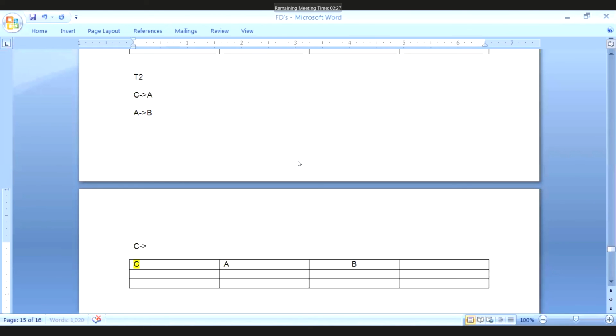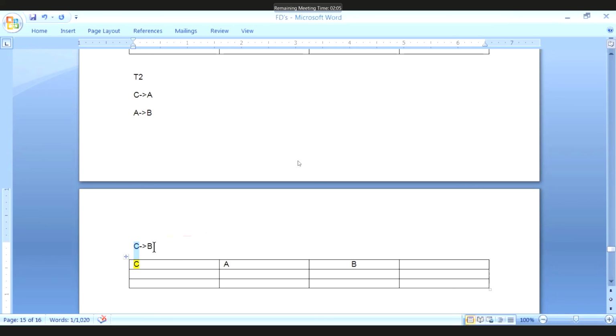How did I get this FD? Via the transitive rule. After applying transitivity over these two, I got a non-key attribute B transitively dependent on the candidate key. C is the candidate key, isn't it?